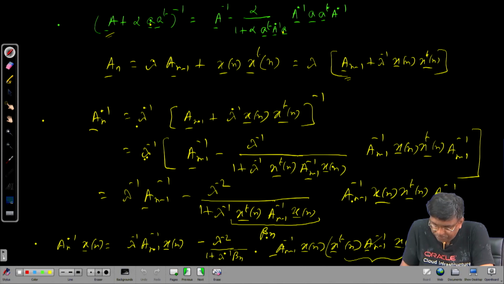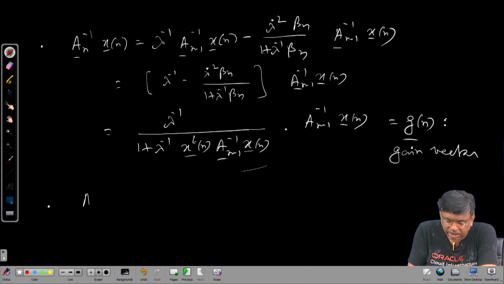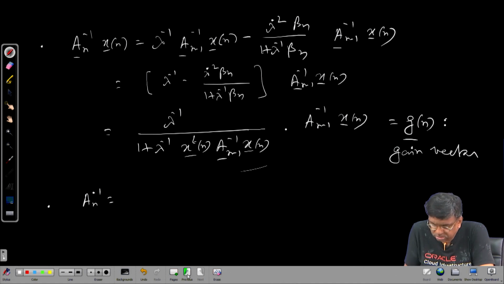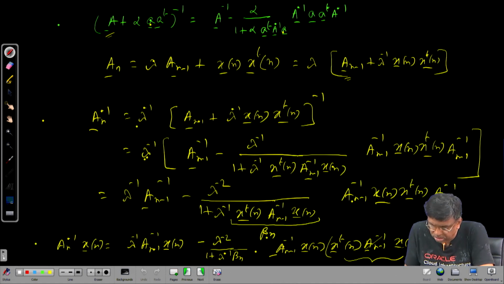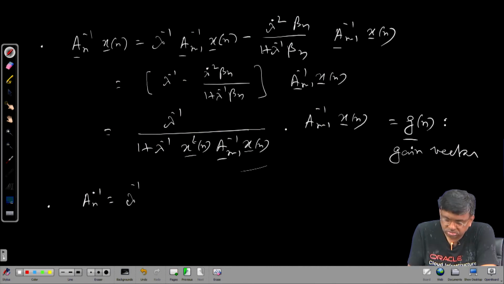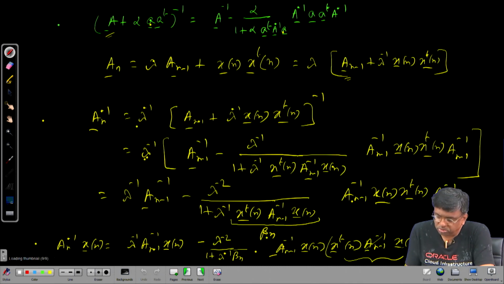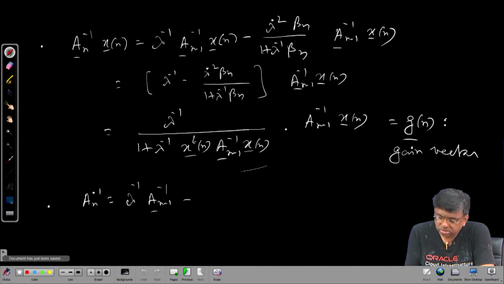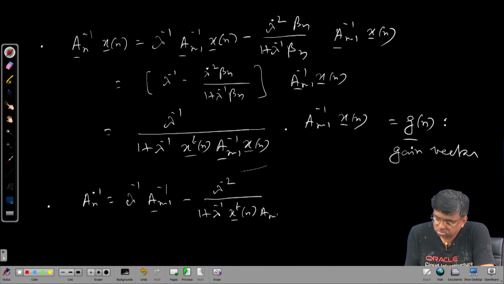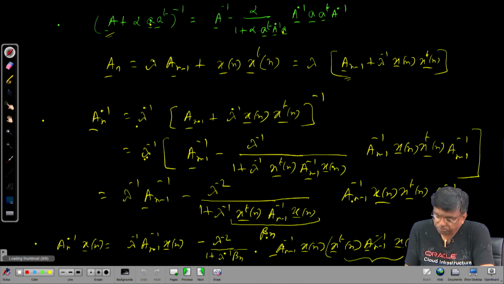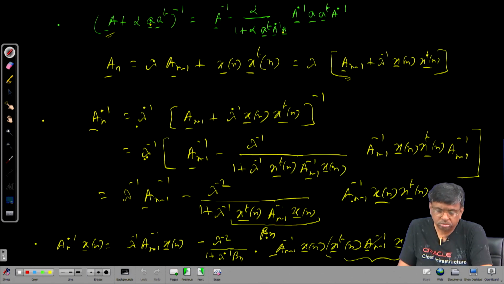So, to do that, first let me write down what was my A n inverse originally obtained: lambda inverse A n minus 1 inverse minus, this is the original form, lambda to the power minus 2 by this into this.